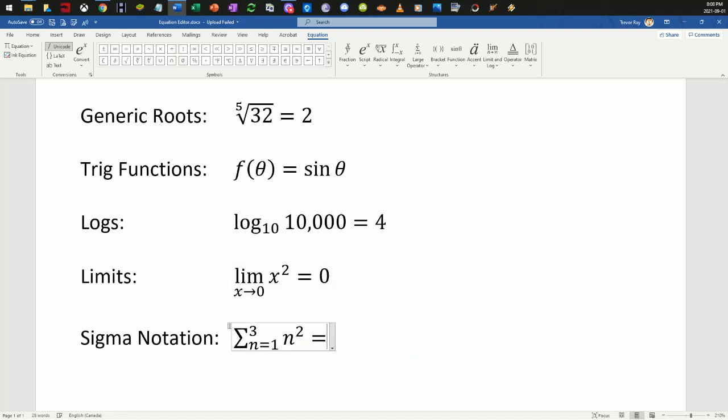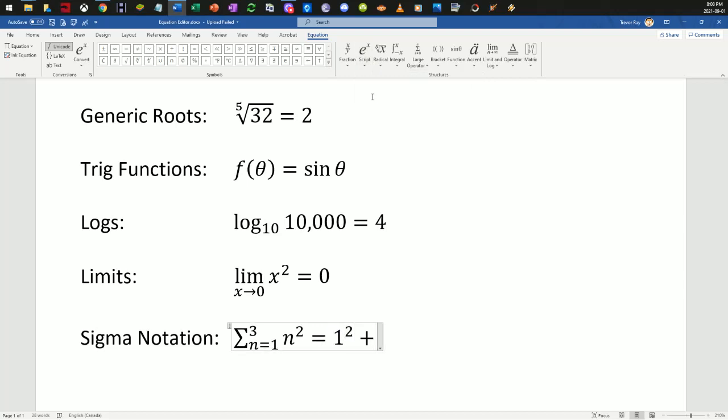And if you don't know what sigma notation is, I can show it to you in about 10 seconds. It's saying take this value of n, start it at 1, and then keep going up until you hit this top number, and then add those all together. So n squared, when n is 1, that's really a fancy way of saying 1 squared.